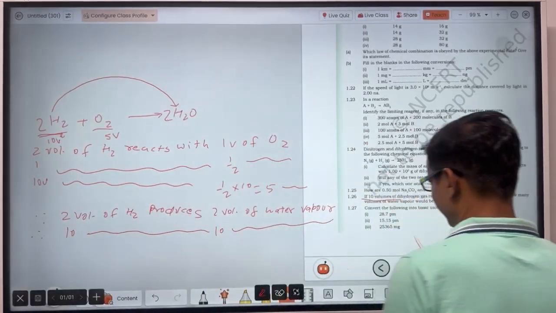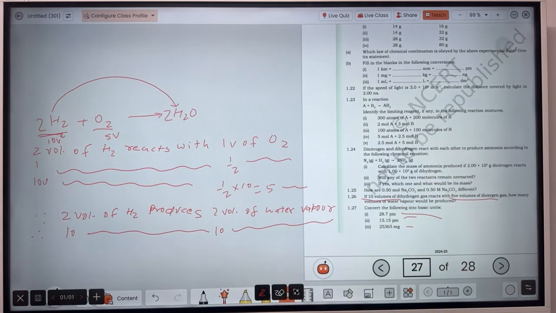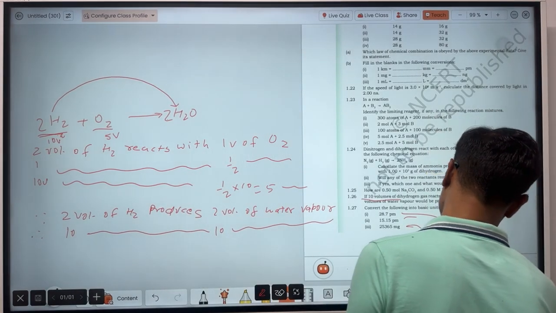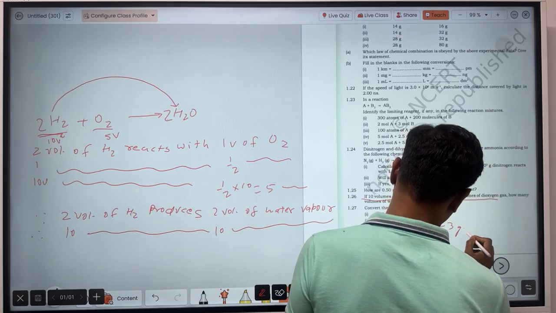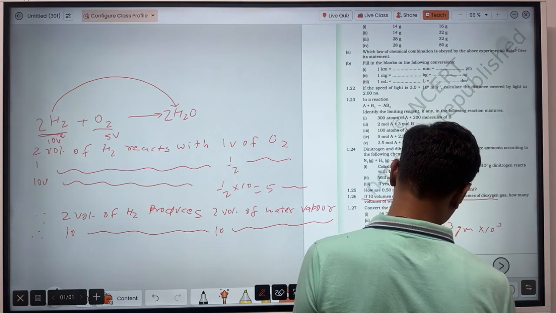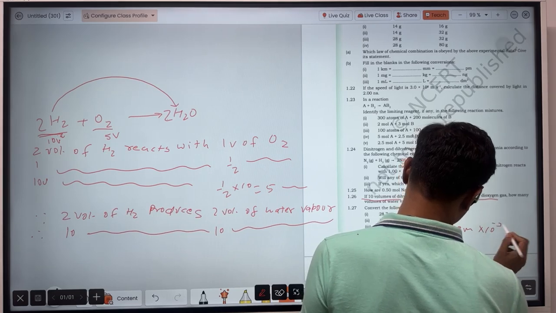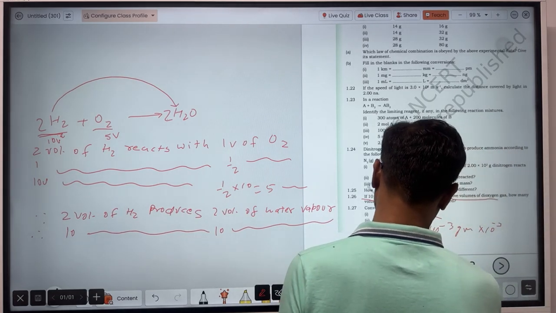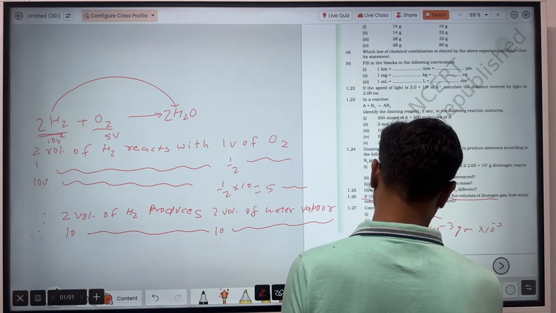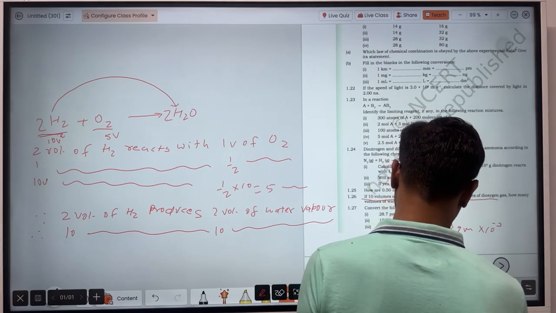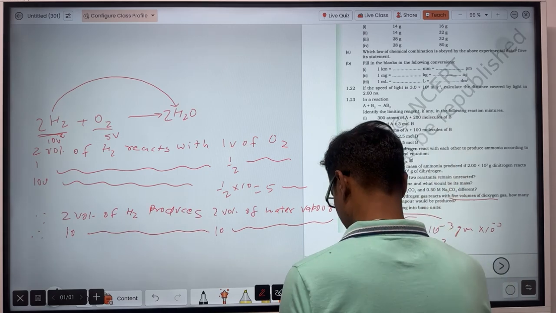Very simple question was here: 10 power minus 12 milligram means 10 power minus 3 gram. Here 10 gram to kg, so 10 power minus 3 gram multiplied by 10 power 3 milligram... and into kg, so 10 power minus 3, that means into 10 power 6.